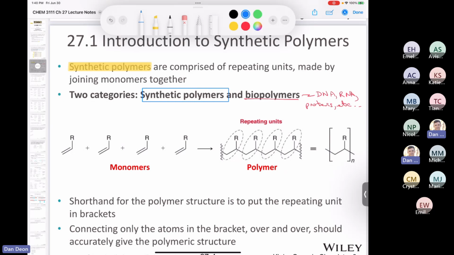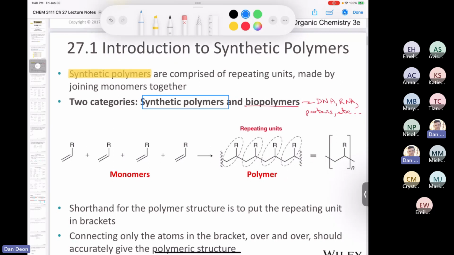And what are some synthetic polymers that you would know already? Probably quite a few of them. I'm sure you've all heard of nylon before. Has anybody else heard of any other polymers? Does anybody know what bulletproof vests are made out of? I'm sure somebody does. Yeah, absolutely. So Kevlar would be a polymer. What about styrene, right?